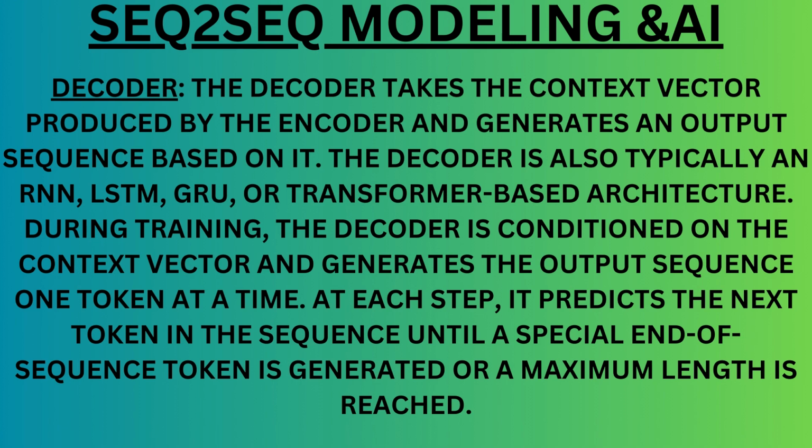During training, the decoder is conditioned on the context vector and generates the output sequence one token at a time. At each step, it predicts the next token in the sequence until a special end of sequence token is generated or a maximum length is reached.